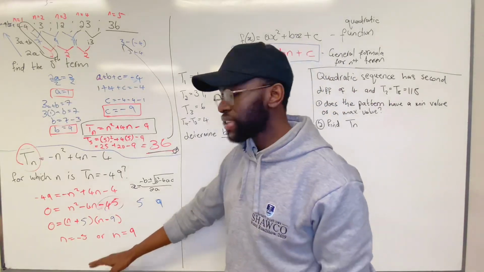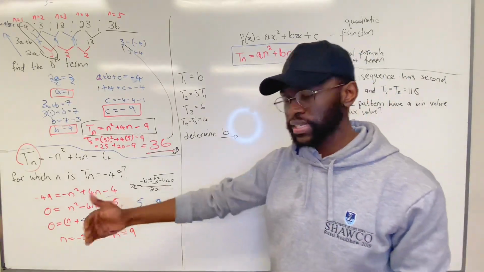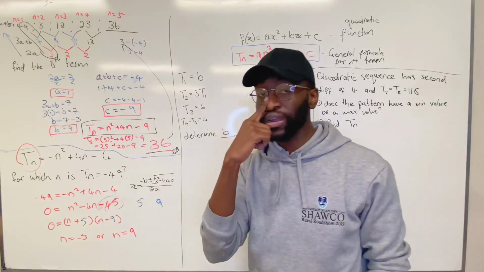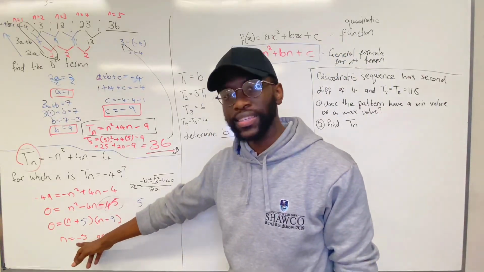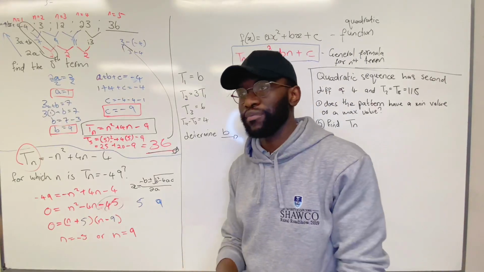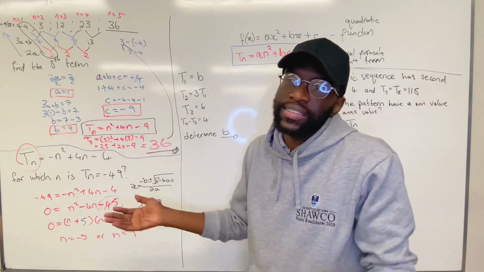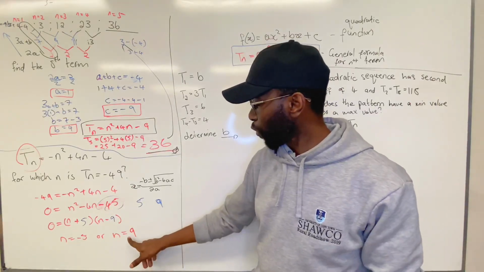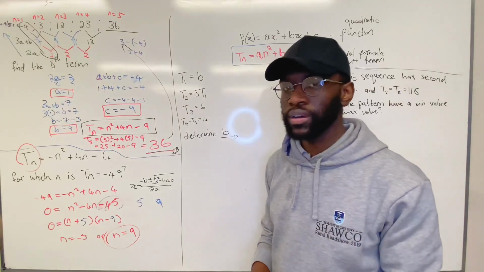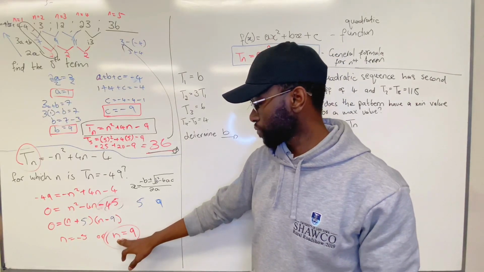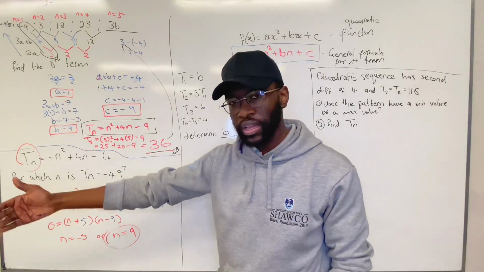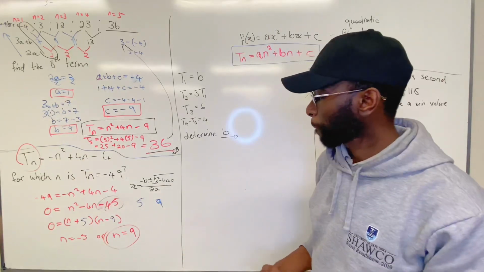Now, in a sequence, we count positions. When you count a number of things, you cannot have a negative. You can't say, I have -5 potatoes, I'm -3 years old. So we're going to take the value of the positive, because that's how we count with positive real numbers.